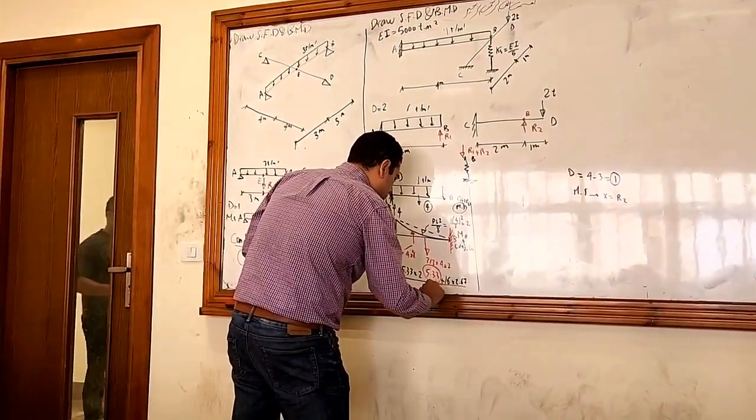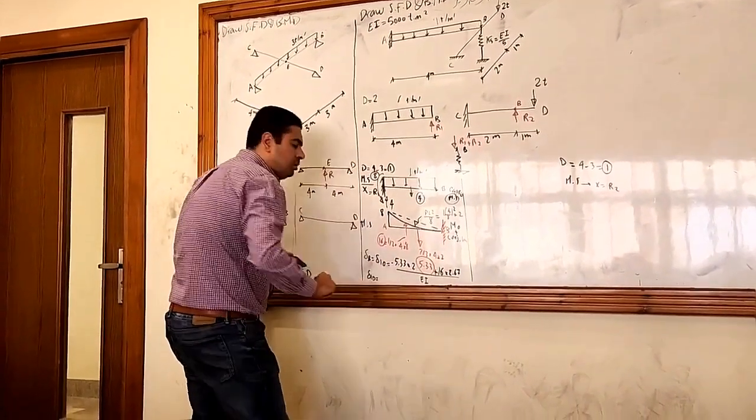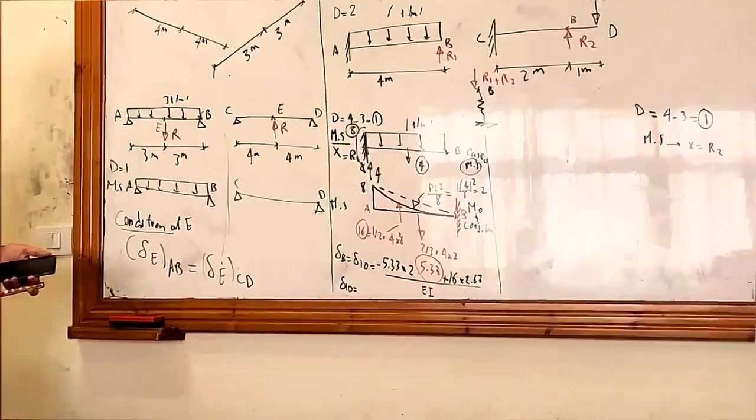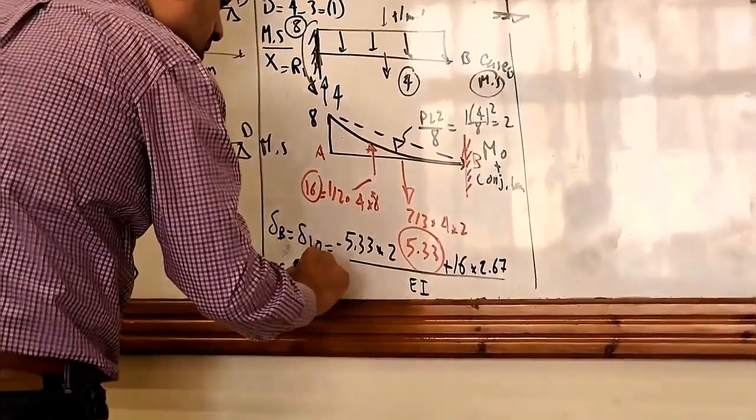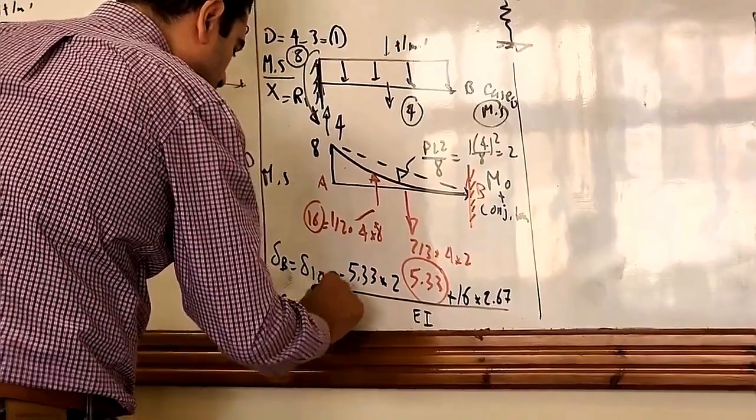All of this divided by EI. So delta 1 node here will be equal to positive 32 over EI. This is delta 1 node.